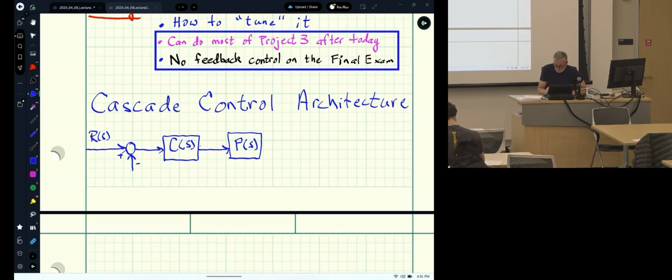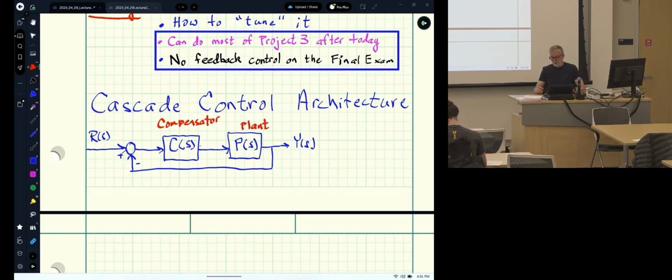It has an output, and it has a feedback loop. It's cascade control because you are cascading the compensator. This is called a compensator. This is called the plant.